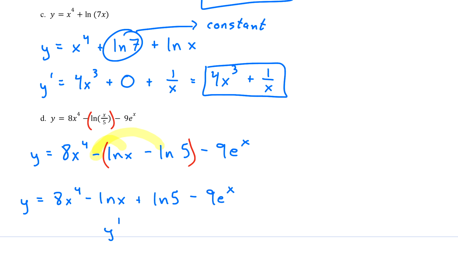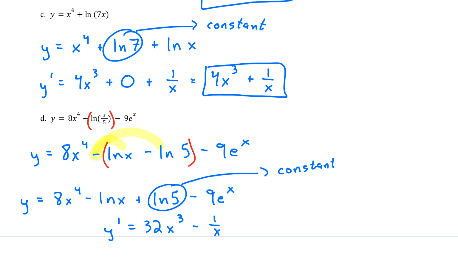So now when I go to actually find my derivative and find y prime, we should be good to go at this point. The first term, we're just going to use our power rule, so that should look like 32 times x to the 3rd power minus derivative of natural log of x, well, that's just 1 over x. Natural log of 5, just like natural log of 7 was last time, this is a constant, so its derivative is 0.